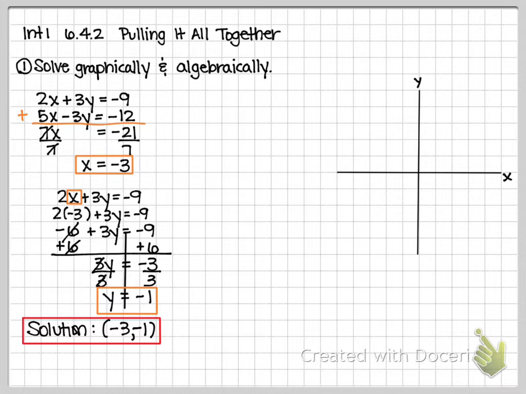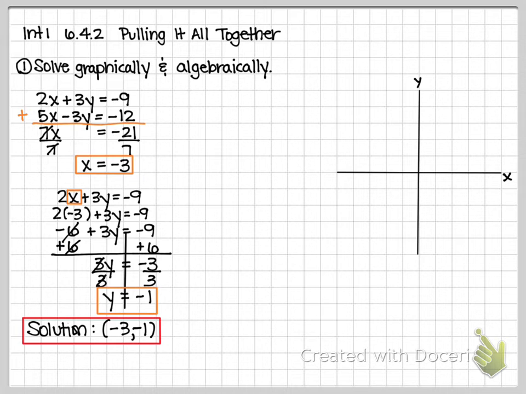But I still need to solve this graphically. There's a couple of ways that you could do this graphically. You can find points that belong on the first line, 2x plus 3y equals negative 9. Plot those points, connect the dots, and that's your line. You can do the same thing with the second one. Or we can take each of these equations and rewrite them as y equals.